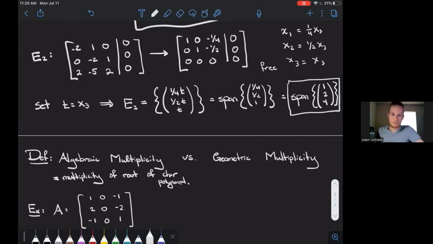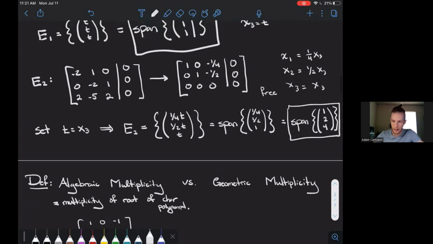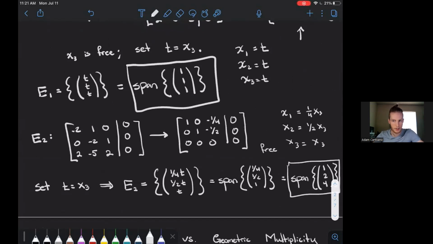Okay. The geometric multiplicity is something different. So every eigenvalue has a corresponding eigenspace. It's a space of eigenvectors where, when you multiply A by those vectors, you get a scaled version of that vector back, and the scale factor is the eigenvalue, right?